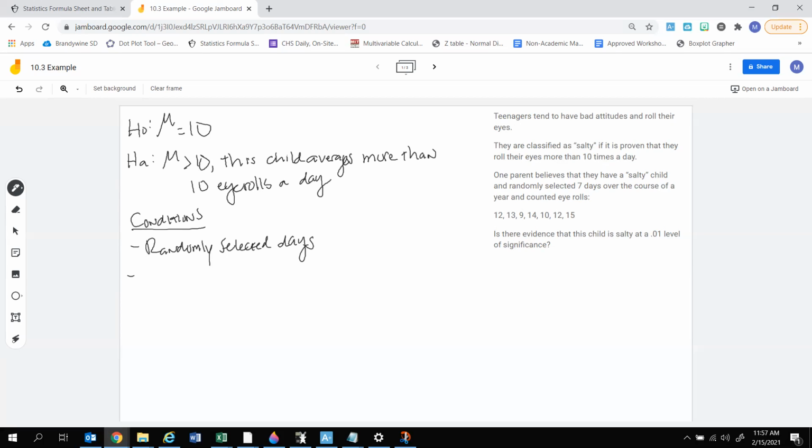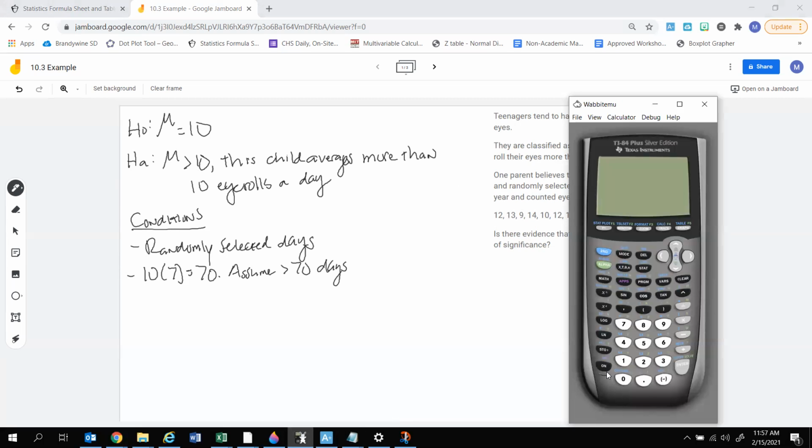Our sample size is 7, so we do 10 times 7 is 70. Since we're sampling without replacement, we have to assume more than 70 days. Actually, we don't even really need to assume that because they took it over the course of the year. For normality, we can't use the central limit theorem because our sample size is not greater than 30. Also, the question says nothing about normality, but we have data points, so we can check a normal plot.